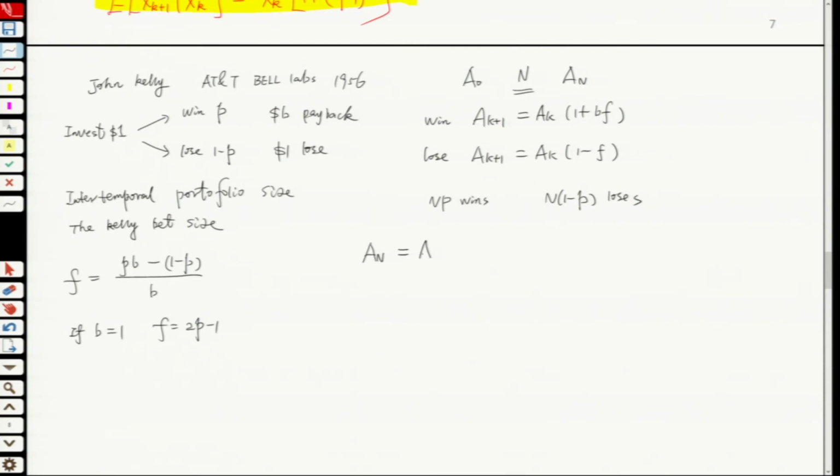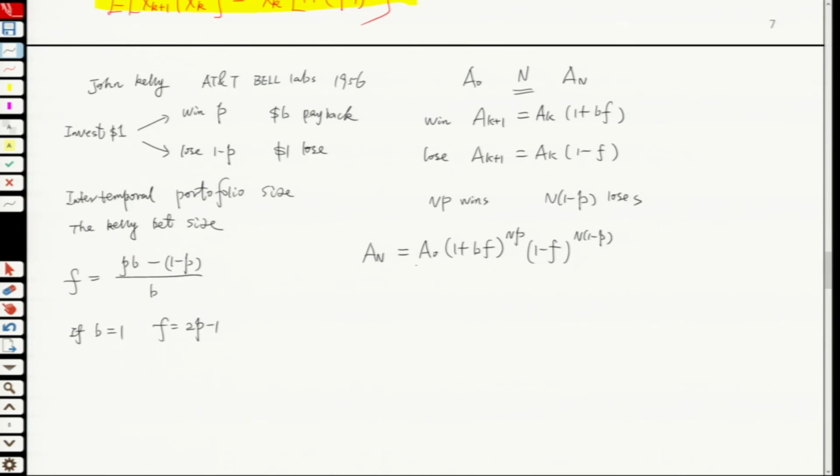AN becomes A0 times (1 plus BF) to the power nP, times (1 minus F) to the power n(1 minus P). Agree? Because you tried n times, and on average you are going to have nP wins and n(1 minus P) losses, because each try you only have two possibilities.